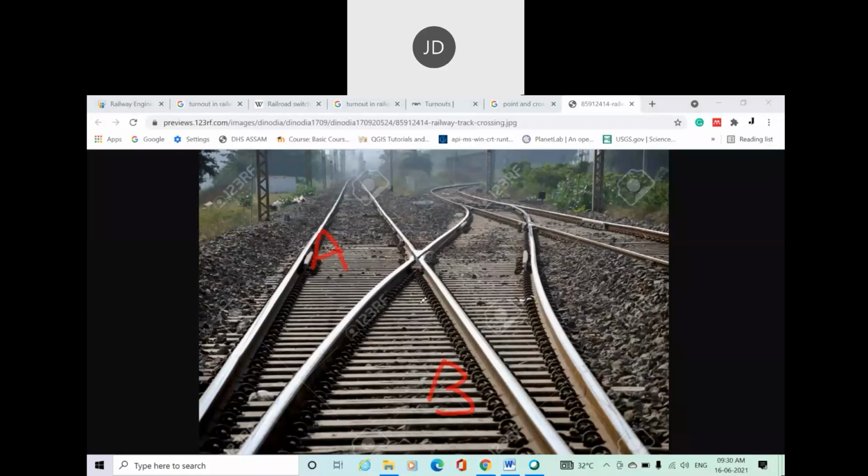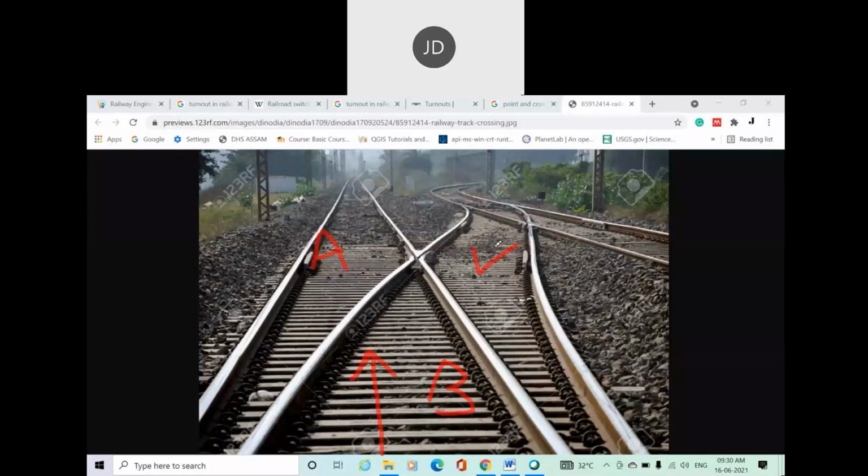Suppose the train is moving in this direction. With respect to this straight railway track, this track acts as a diverging track.